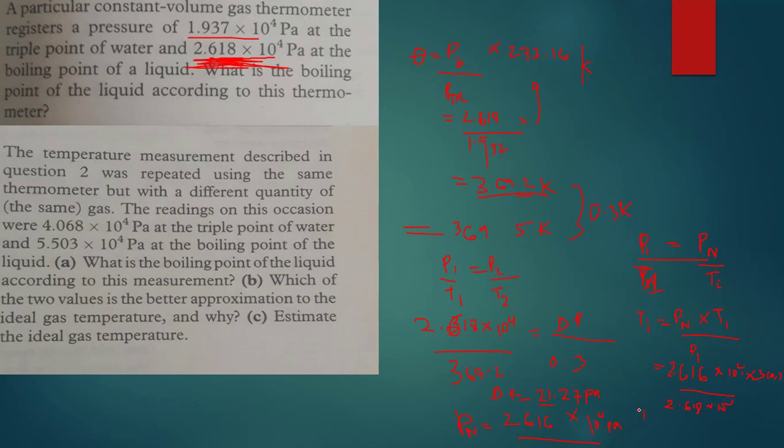So you put in the numbers and you get the estimated ideal gas temperature equal to 368.9 Kelvin. So you are good to go.